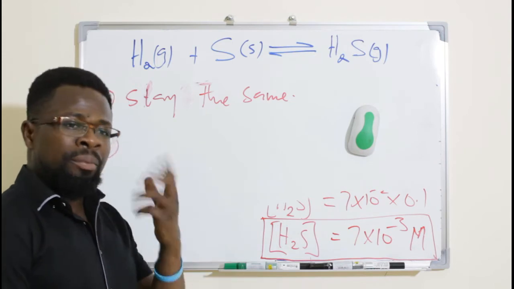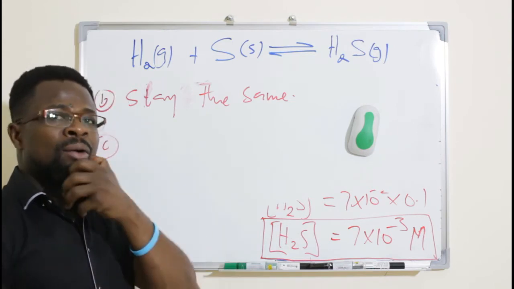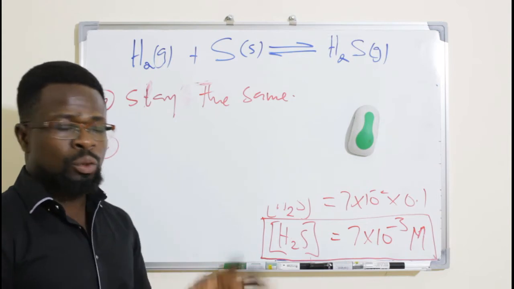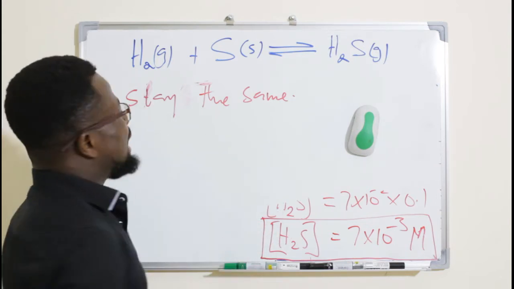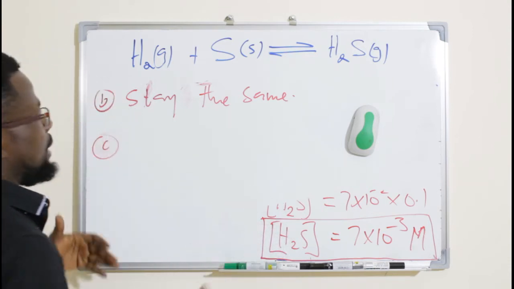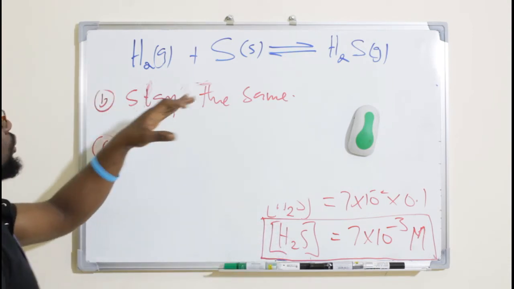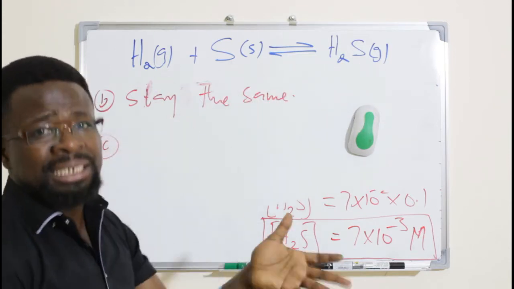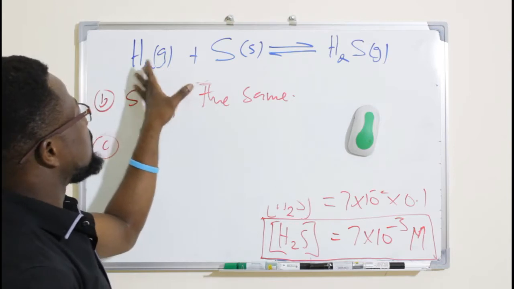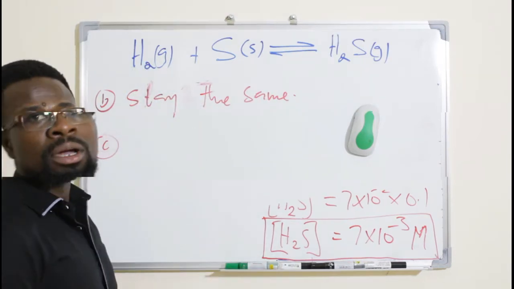And remember, volume and pressure are inversely related. So if the volume is small, pressure will be high. Immediately the pressure is high in the container, what is going to happen to the value that we have calculated? Well, does pressure affect the Kc value? It doesn't.